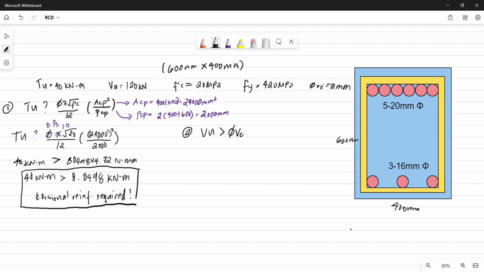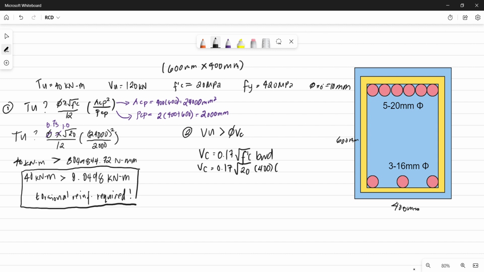So your VC is equal to 0.17 square root of FC prime BWD. Your FC prime is square root of 20. B is 400.